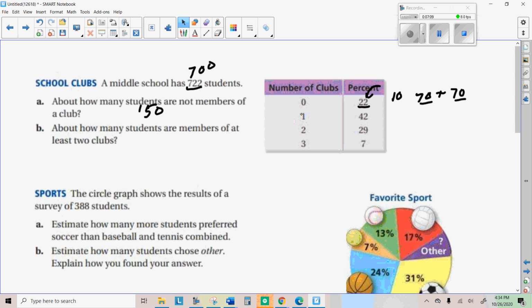But now, how many students are members of at least 2 clubs? So that would be these two together, which is about 36%. You could do 40% if you wanted, or that's actually pretty close to a third if you want to just divide this by 3.